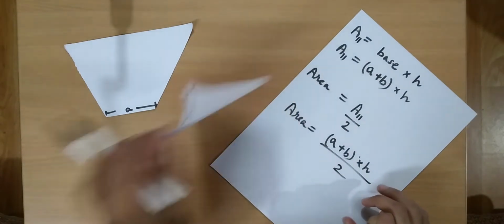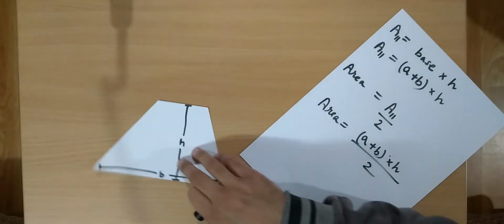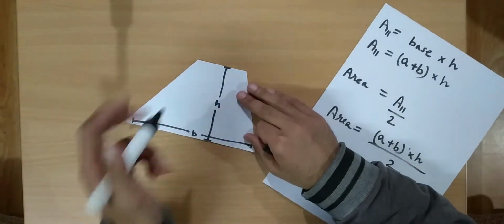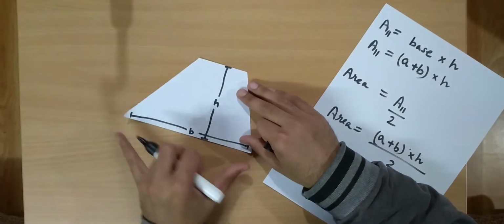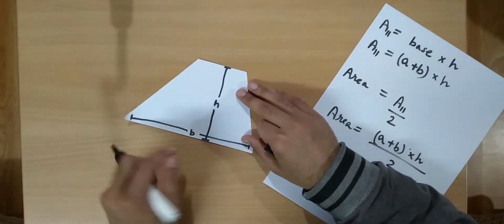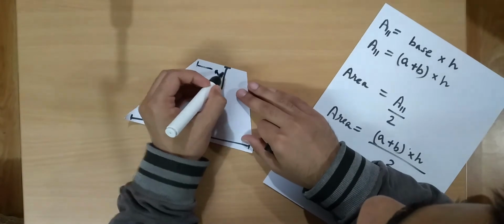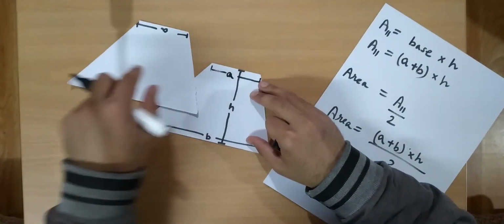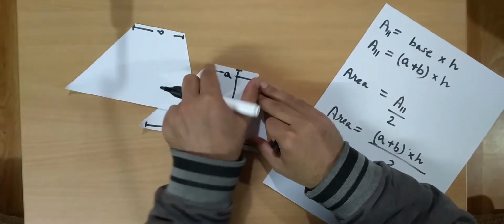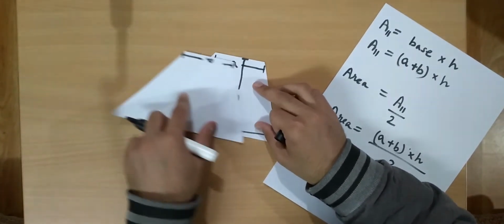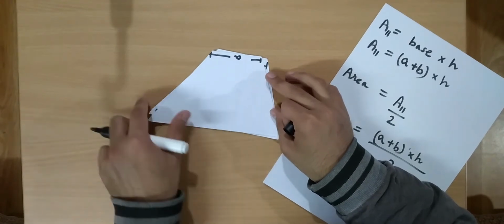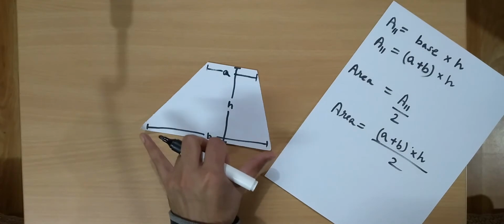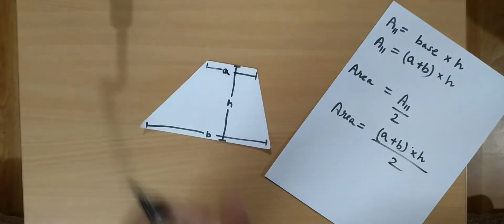Now let me take any one of them and stick that. Let me locate what my a, b and h are. h is the height of the trapezium, b is one side of the trapezium, and a is this side. The two trapeziums are the same, so a and b are the lengths of the opposite sides that are parallel in a trapezium.